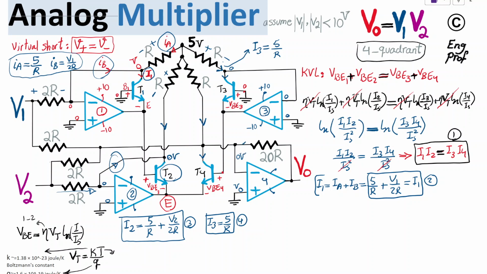So therefore we can easily compute this current, which is VO minus 0. So this current is VO over 20R, because you can see that across 20R we have simply just V out. And this current is obvious here for the same reason that here we have 0 volt. The voltage across this resistor here is just purely 5 volt. So this current is 5 over R.